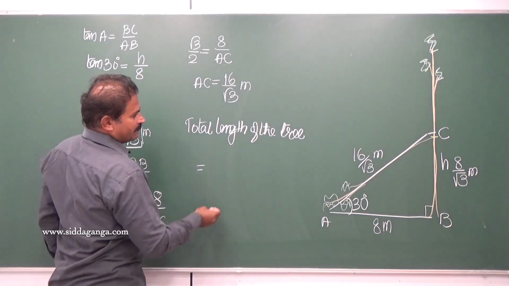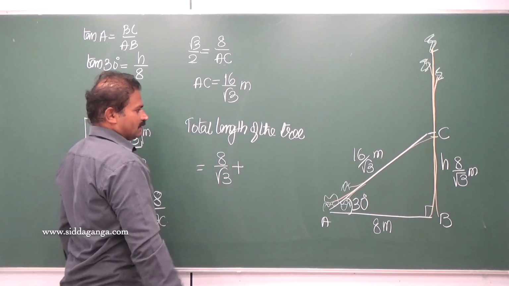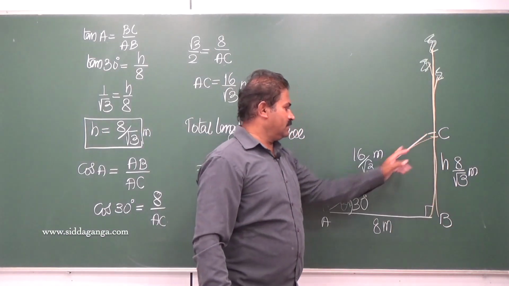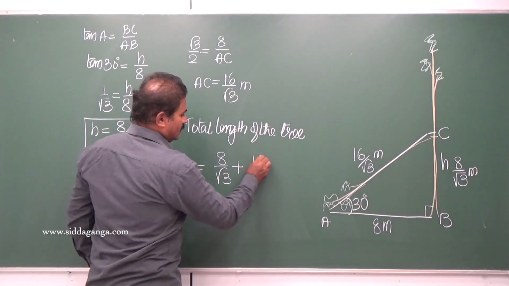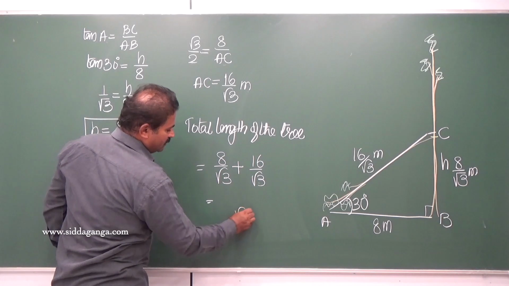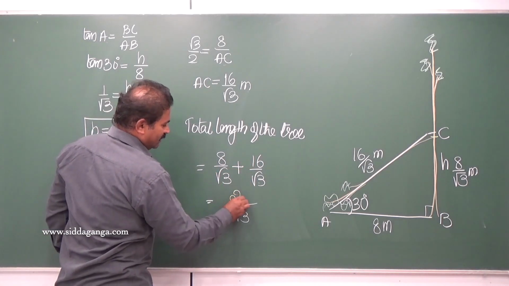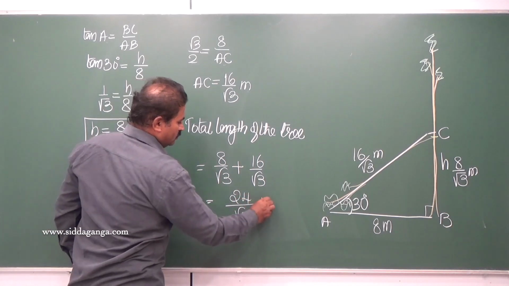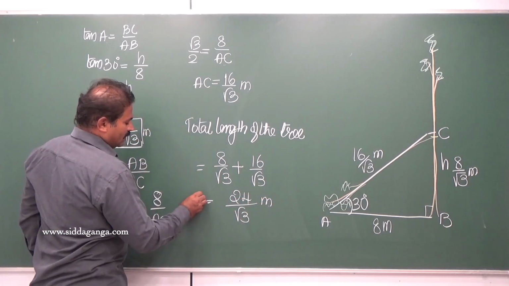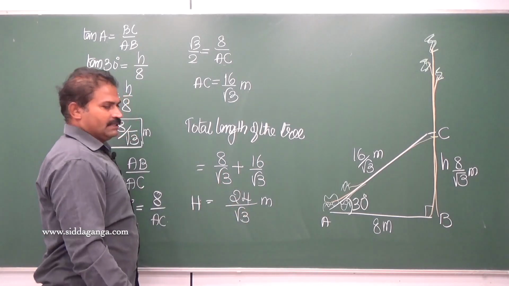It is 8 by root 3 plus the hypotenuse 16 by root 3. So what you can do, you can take root 3 as the LCM. On that you have 8 plus 16, and 8 plus 16 is 24. So the total height of the tree is equal to 24 by root 3 meters.